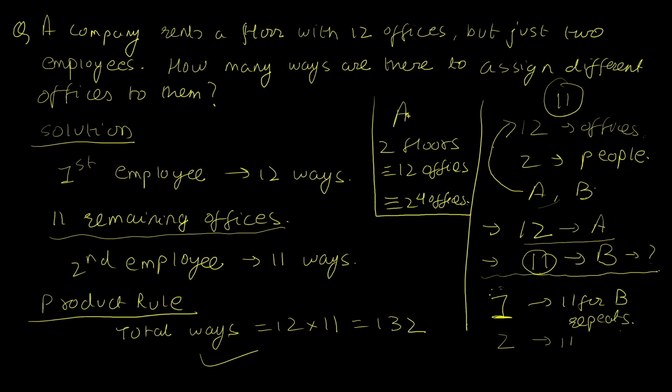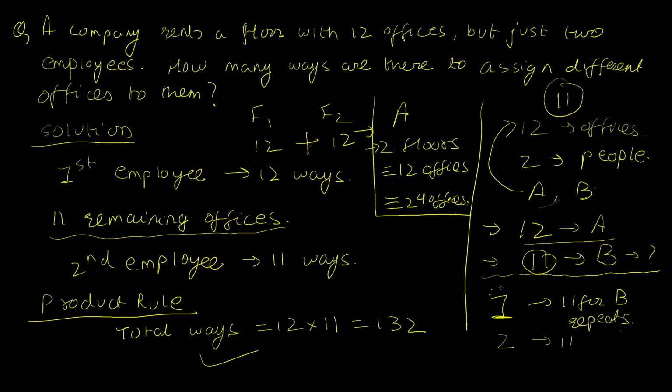And if we ask how many ways could A be assigned an office, we say that A could be assigned to any of the 2 floors. And each floor has 12 offices. So if I consider floor 1 and floor 2, floor 1 has 12 and floor 2 also has 12 offices. And in this case, the total number of ways we could assign an office to A is not 12 times 12, but this is 12 plus 12. So the sum rule applies here.